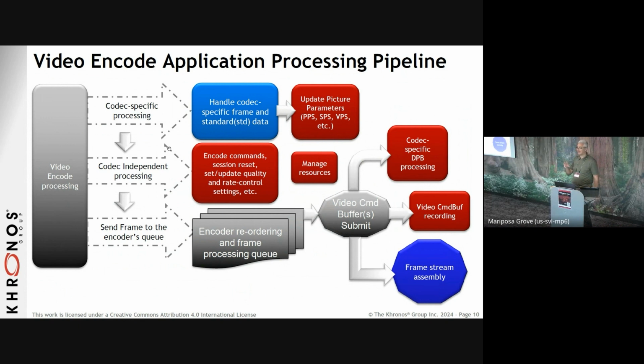Those are sent regularly, for example when you change resolution, or you may want to send them every, let's say, 30 seconds or a minute, just to make sure that the decoders are refreshed and know what the parameters are in case they've lost them, things like that. But again, those are pretty much codec-specific rules that most of the codec guys are familiar with.